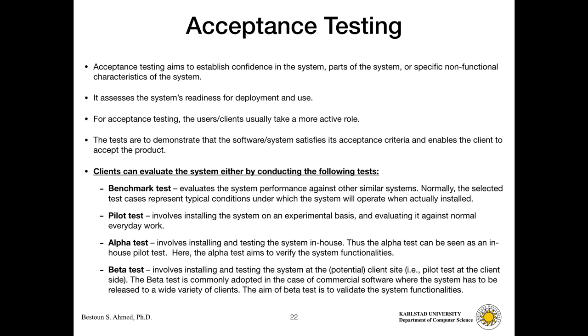You give the software to a set of expert users or normal users and get their feedback. Normally it is used by commercial companies. For example, we have seen that before with the beta versions of antiviruses and so on.